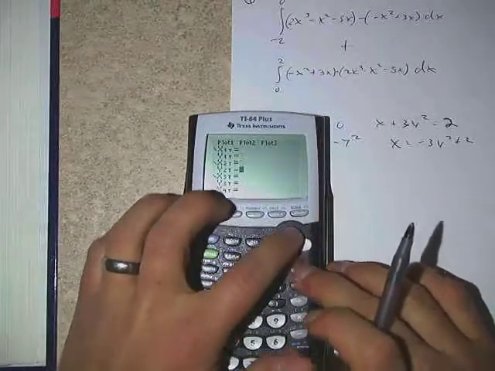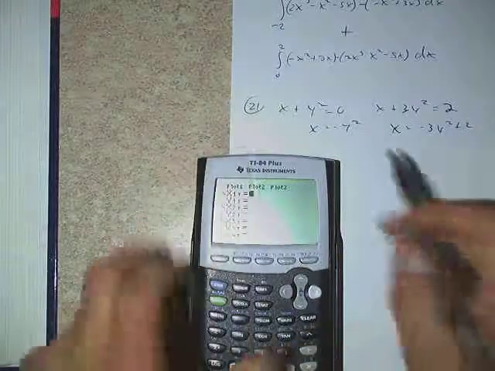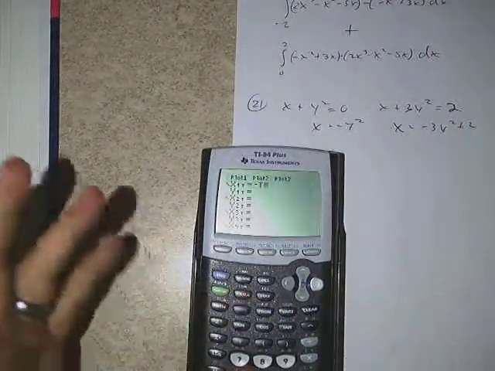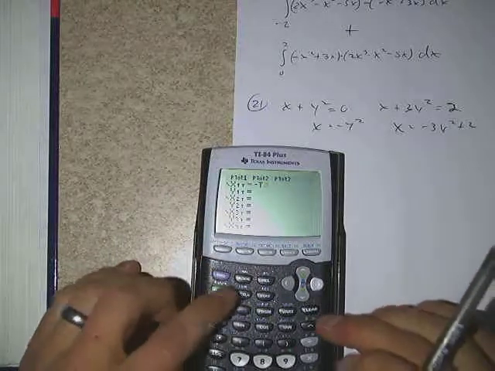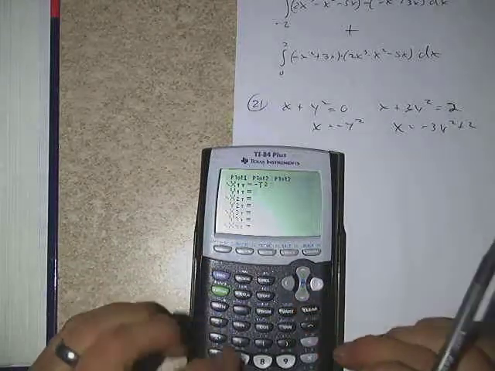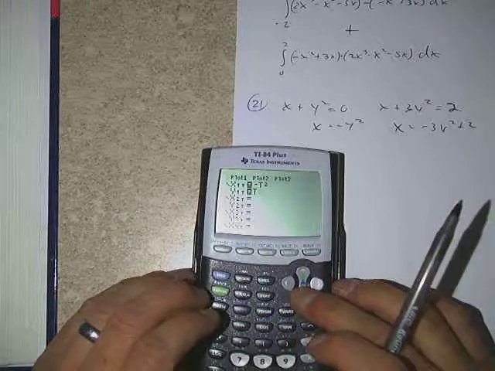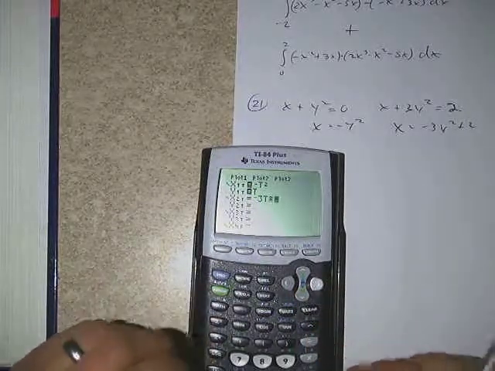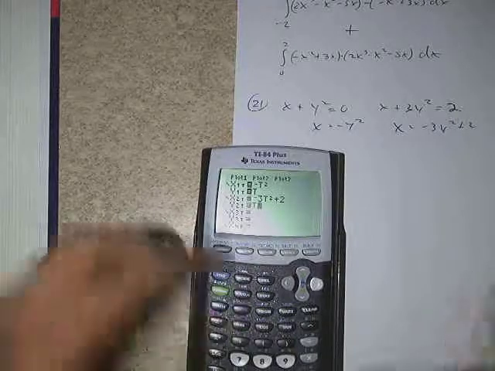Another convenient way to graph non-functions is to use parametric mode. We'll spend more time on that in Calc BC, but just for our graphing purposes, if we put our calculator in parametric mode, the way we can graph non-functions in a pretty nice manner is to take whatever the equation is in y and put that in our x.